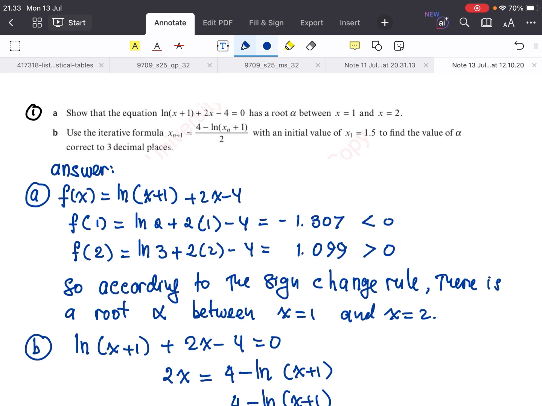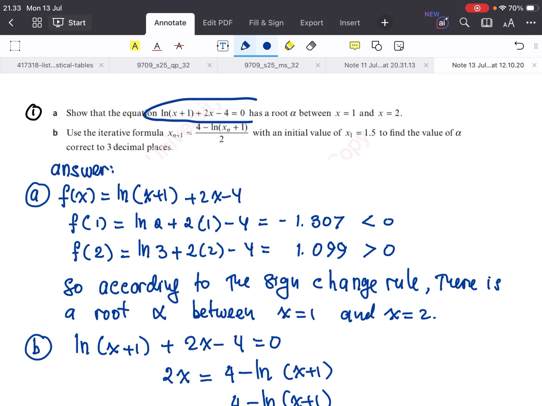B. Use the iterative formula x_(n+1) = (4 - ln(x_n + 1))/2 with an initial value of x1 = 1.5 to find the value of alpha correct to 3 decimal places.